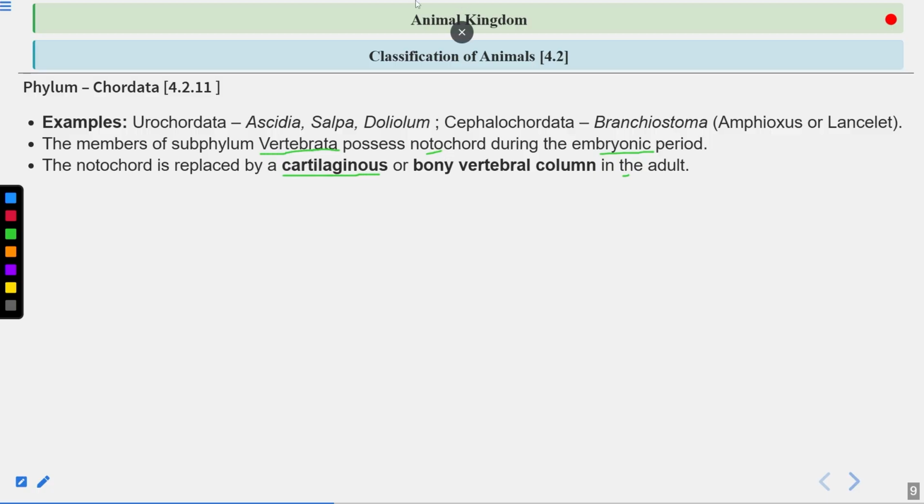But once the organism passes the embryonic stage and becomes an adult, the notochord is replaced by either a cartilaginous or bony vertebral column, our backbone. That is the modification of the notochord.